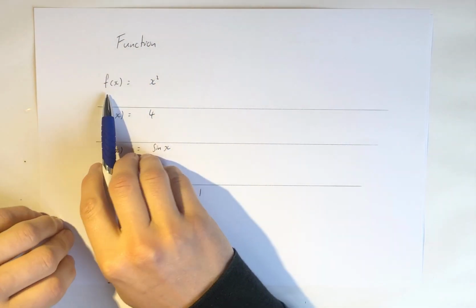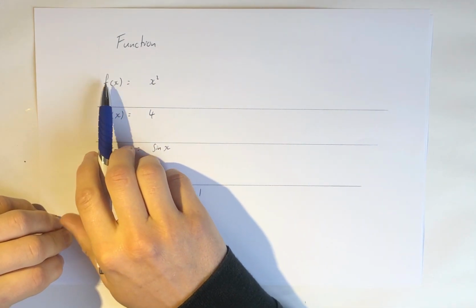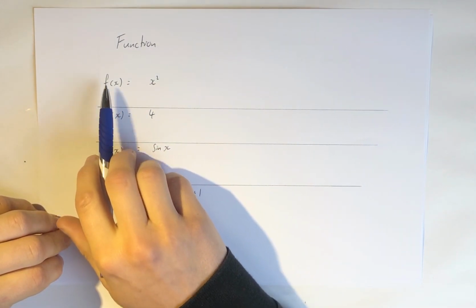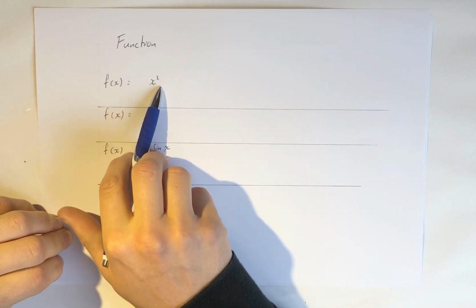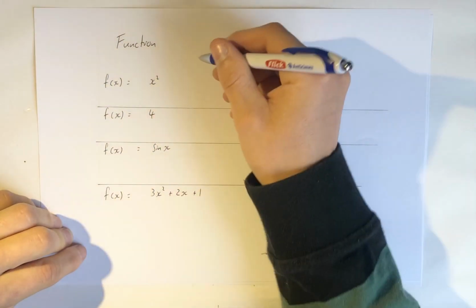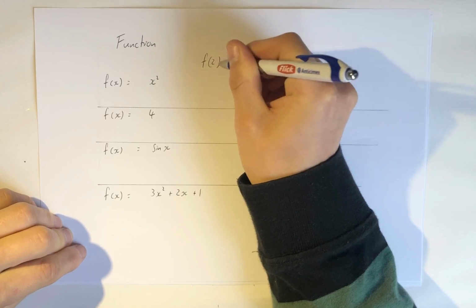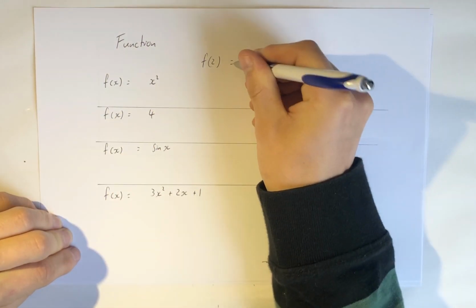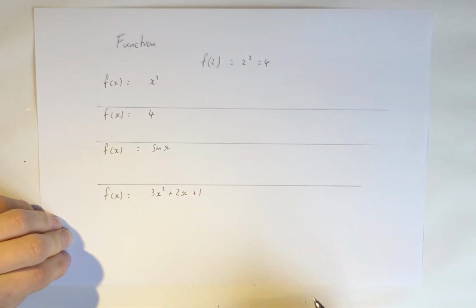So we use lowercase f for a function, so this means that given x, this function outputs x squared. So an example would be given 2, my output here is 2 squared, which is 4.